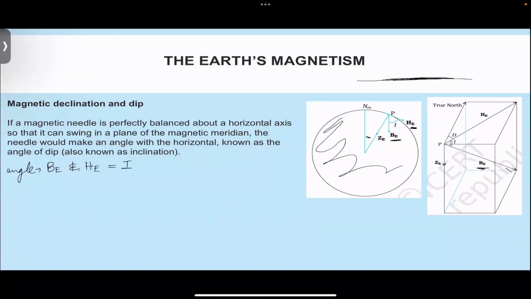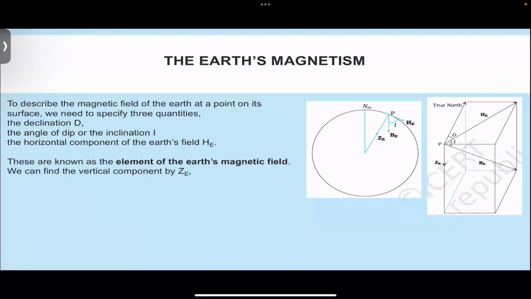In 3D you can see this is the vertical component and this is the horizontal component. This is the true north and this is the east, on the earth surface. The angle between BE and HE is the inclination, the dip, I.